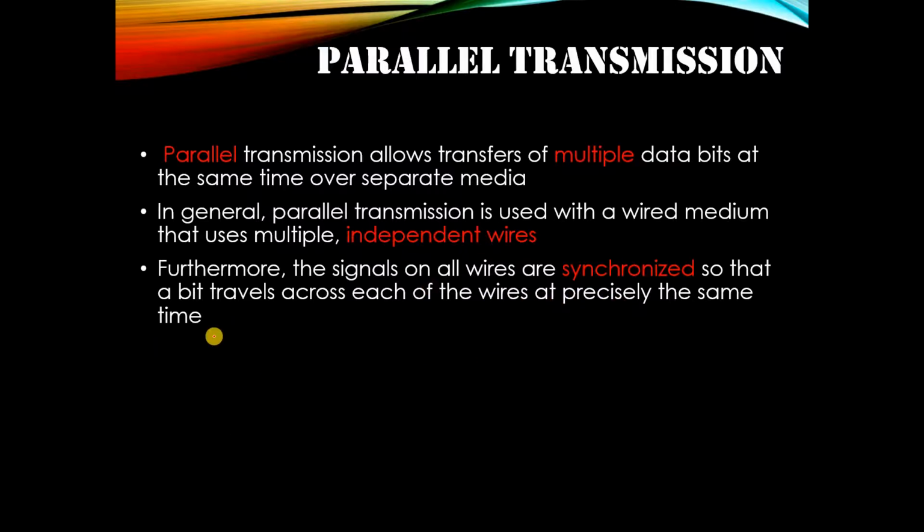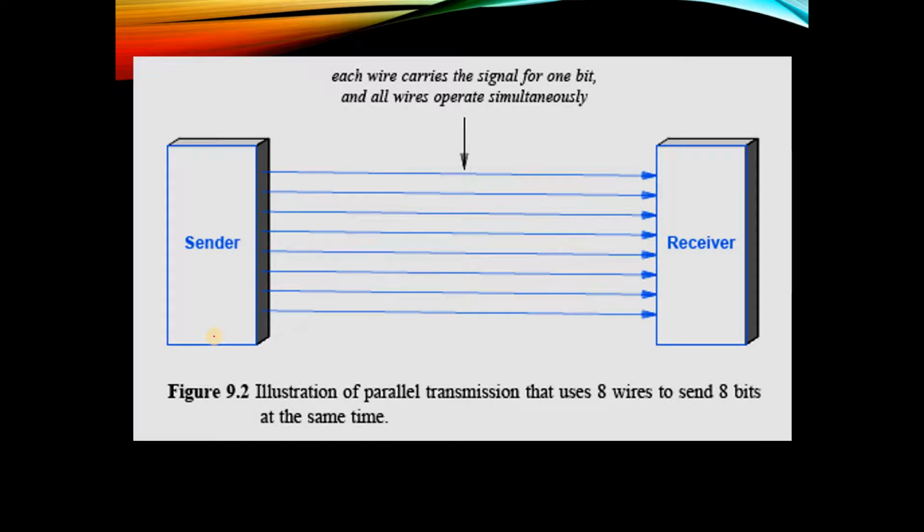Look at this picture. It shows the sender and receiver. In this diagram, how many bits can be transferred? 1, 2, 3, 4, 5, 6, 7, 8 bits, right?